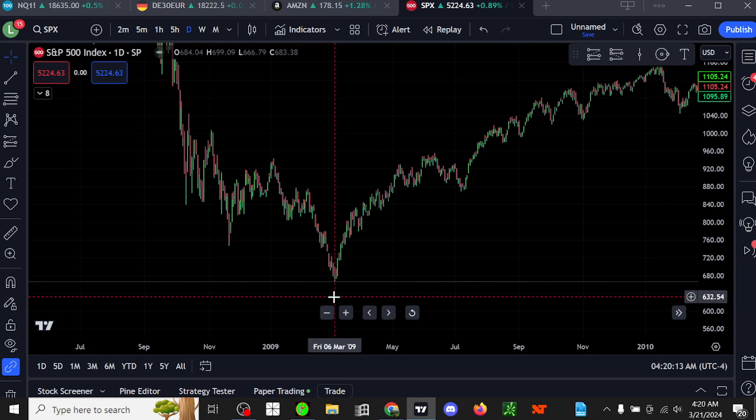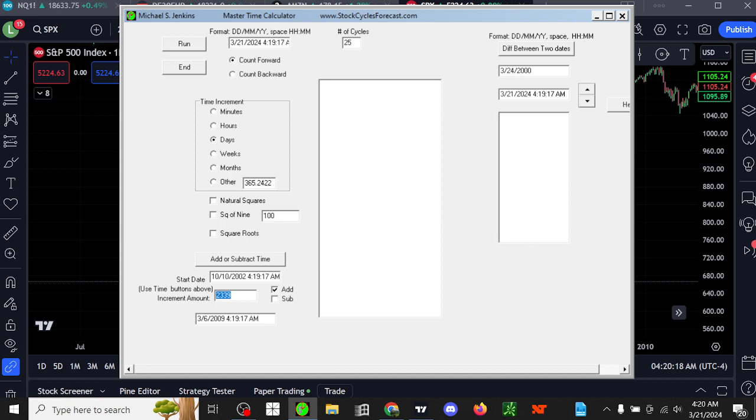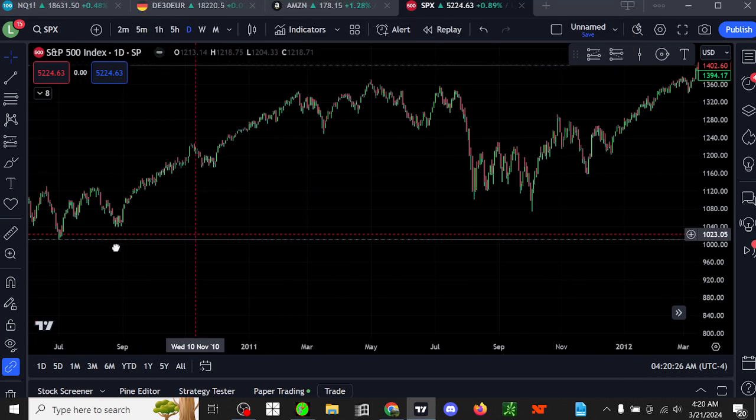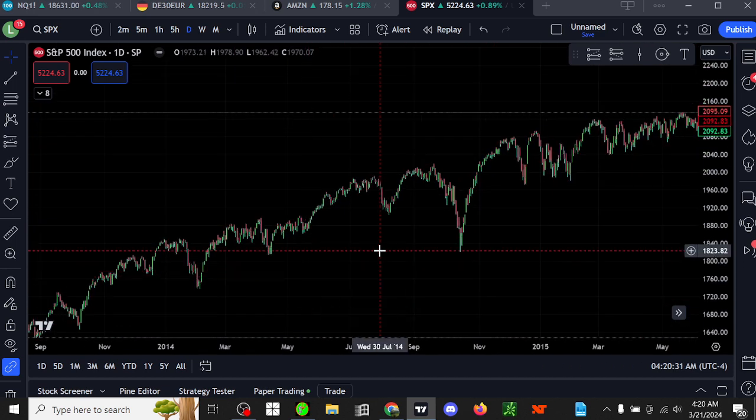Okay, so if we take this date and we put in 3/6/09, and we add 2,339 days to that, we get August 1st of 2015. Now we're going to go to August 1st of 2015.